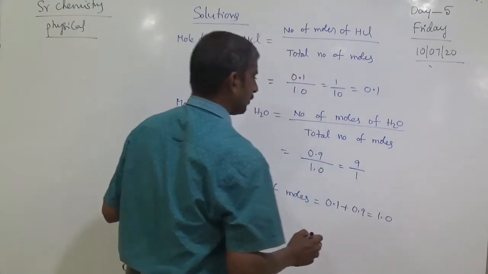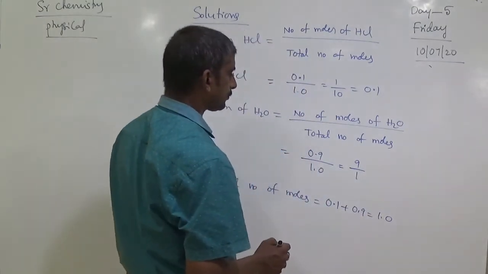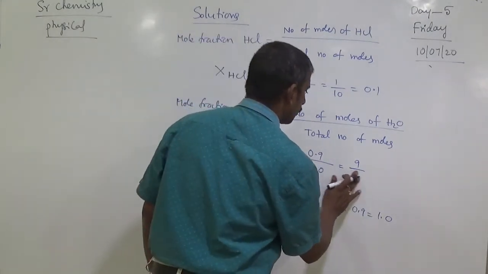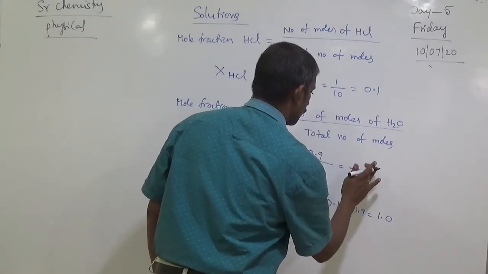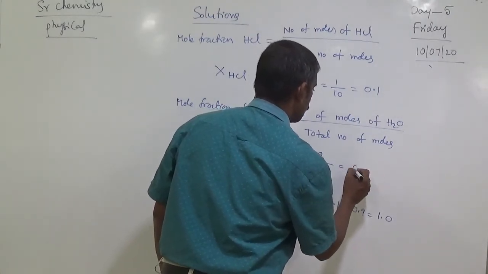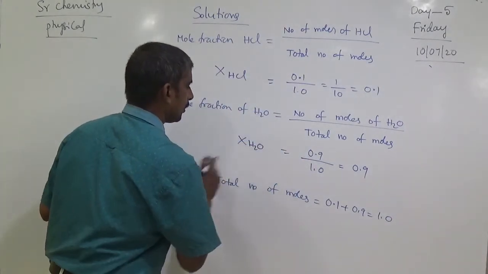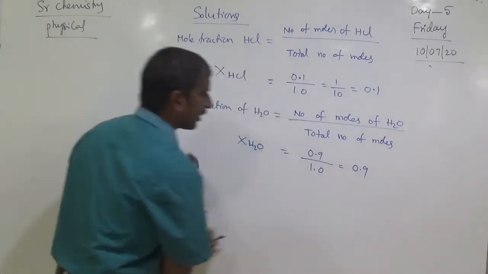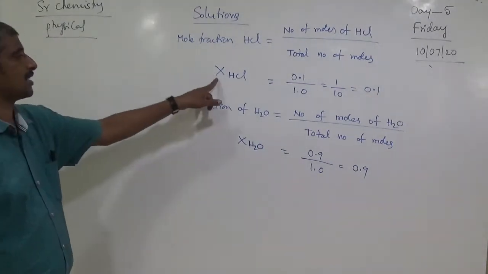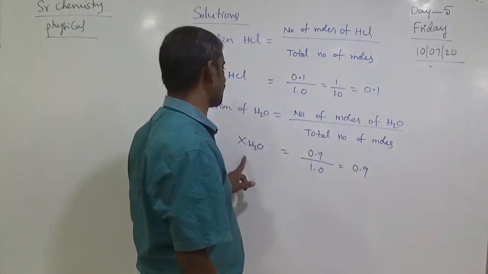So 0.9 by 1 equals 0.9. That means the mole fraction of water is 0.9. So mole fraction of HCl is 0.1, mole fraction of water is 0.9.